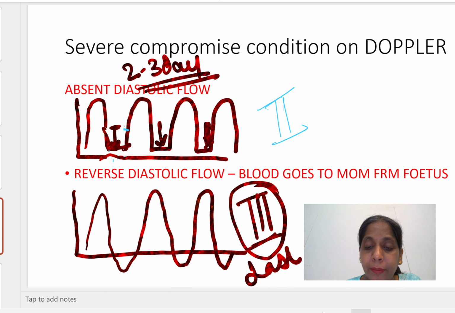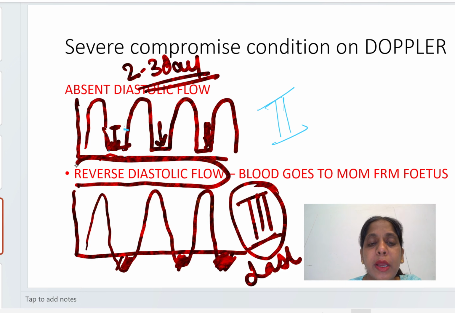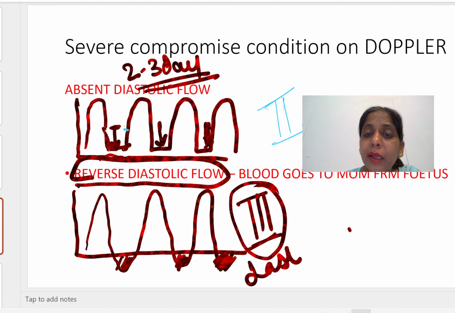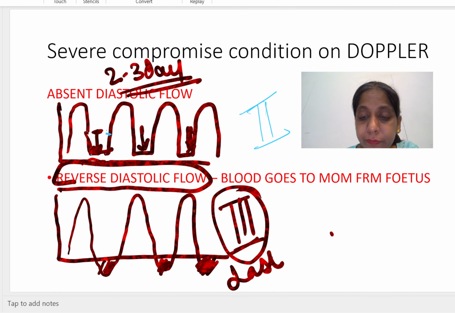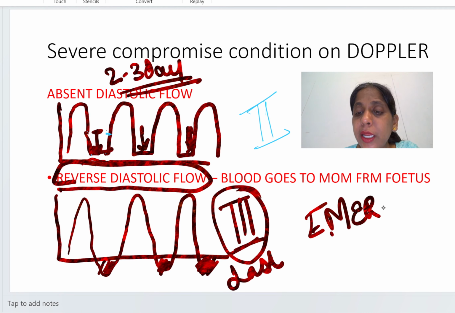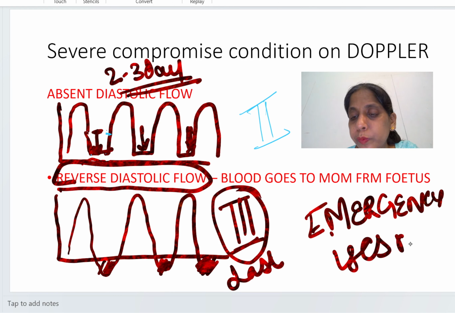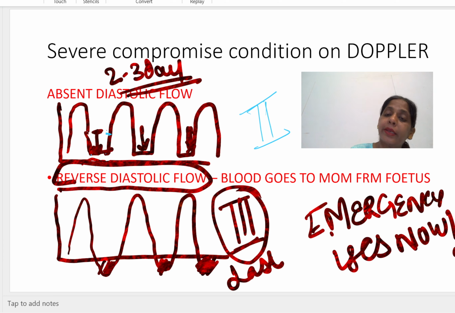You can see that the blood is going in the negative direction. It means it is going to the mother. It is a reversal of the diastolic flow, and this is an emergency. Cesarean has to be done now.